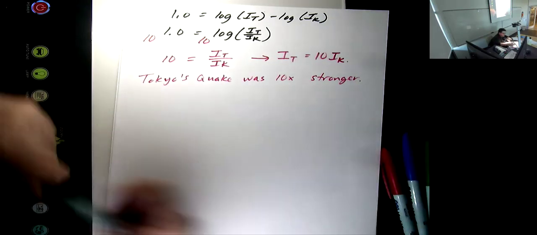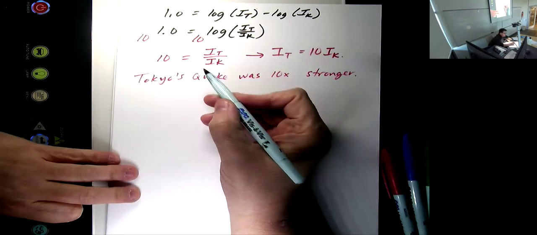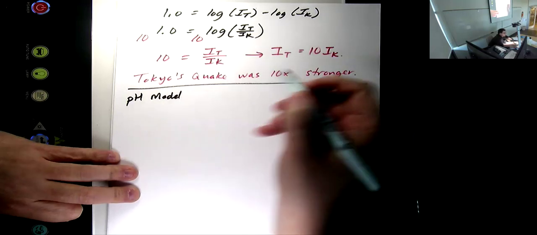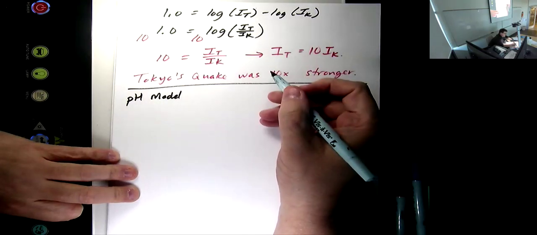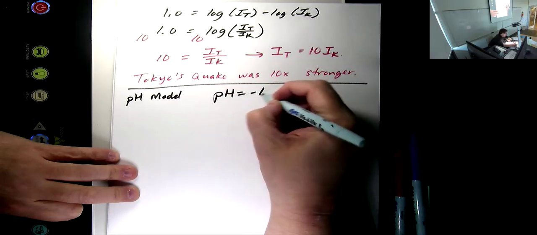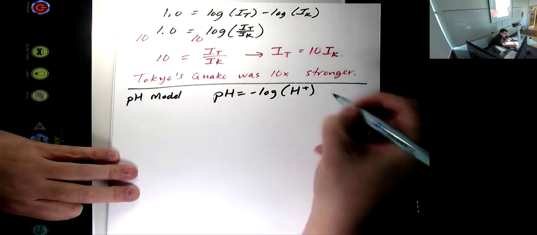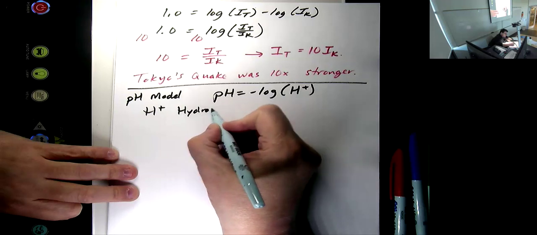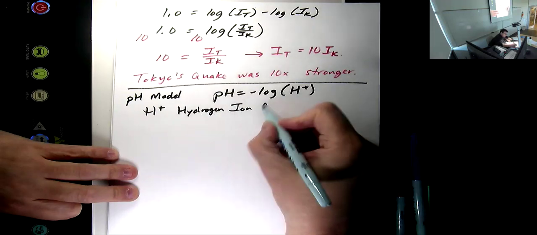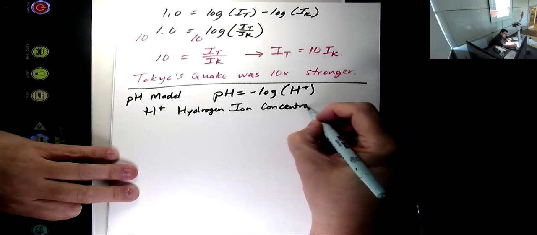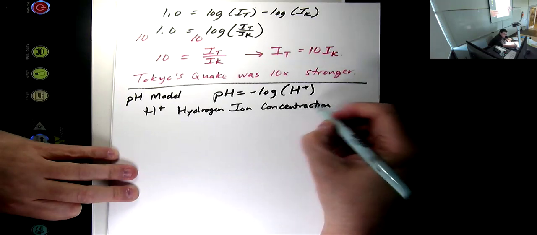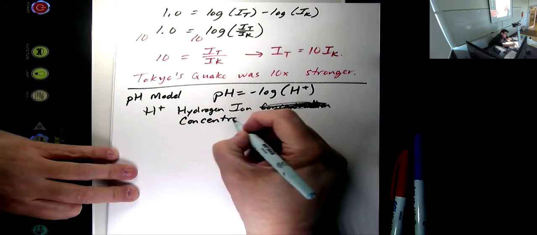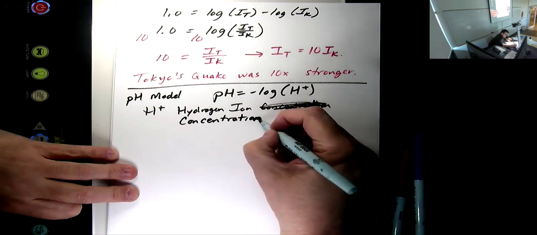I'm gonna just talk about some of the other examples before we get to the final one that we're gonna do. pH model. The pH of a liquid. pH equals the negative log of H plus, where H plus is the hydrogen ion concentration of something, and concentration I want to say is moles per liter.